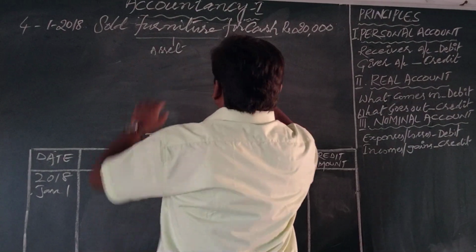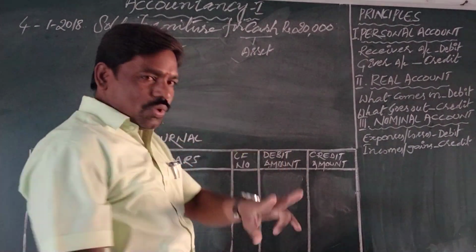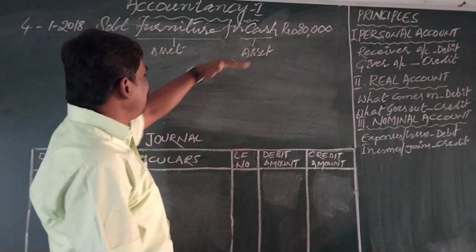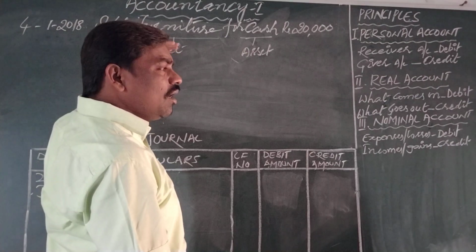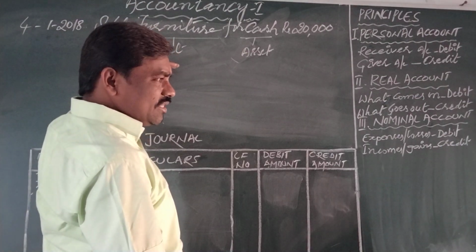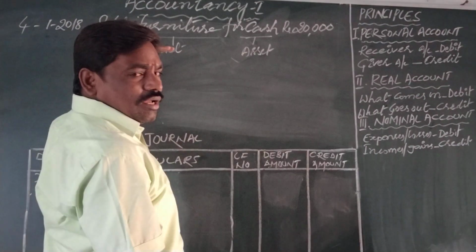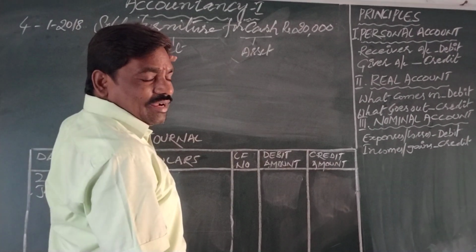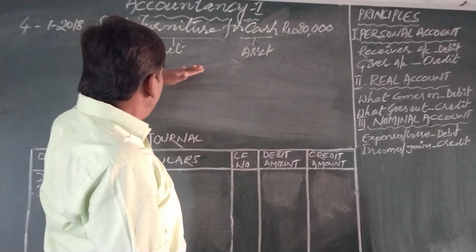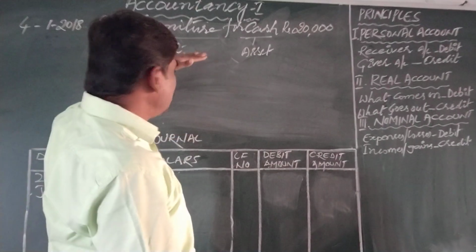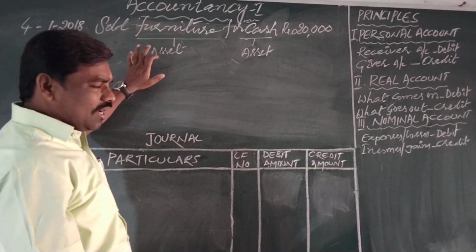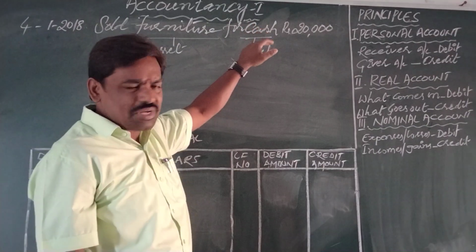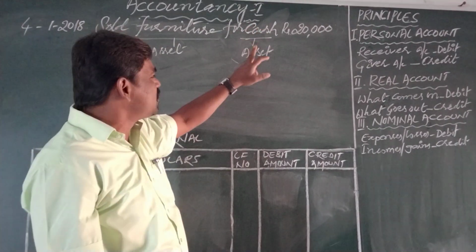Okay. After identifying the two aspects and making them underline, you can write the nature. Is it a name of a person, or is it an asset, or is it an expenditure, or is it an income? We have to decide it and make them underline. If it is an asset, write asset. If it is a name of a person, write name of a person.